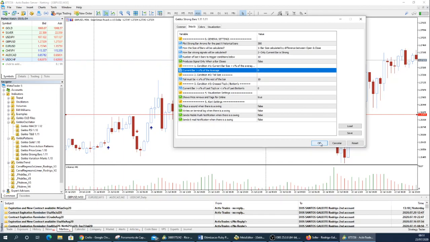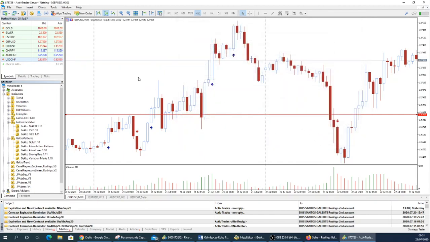So let's jump into the indicator and this chart that I'm showing you here. We're showing you July 21st, 2020, and this is a British pound versus USD currency pair, and we're looking at the 30 minutes time frame chart.